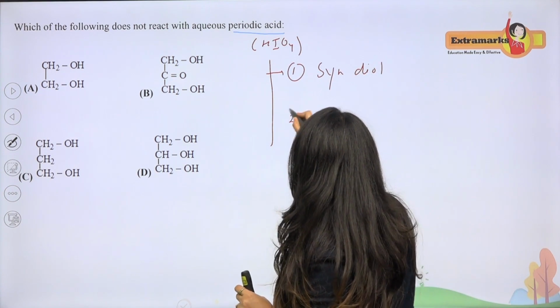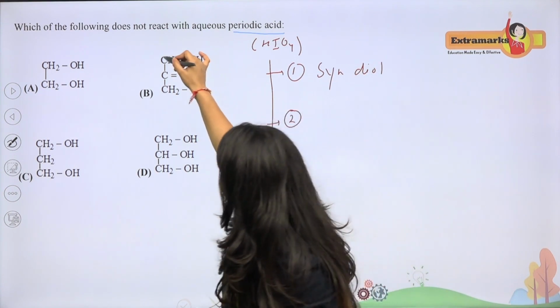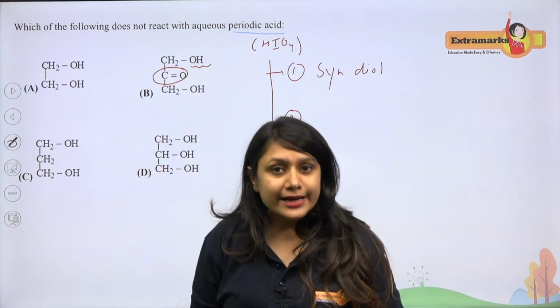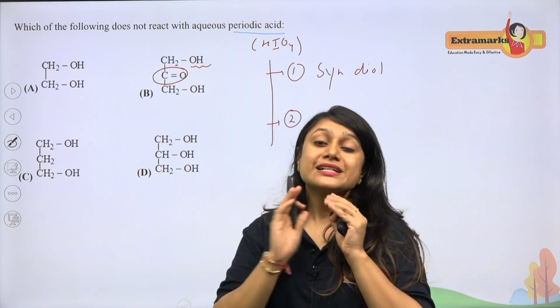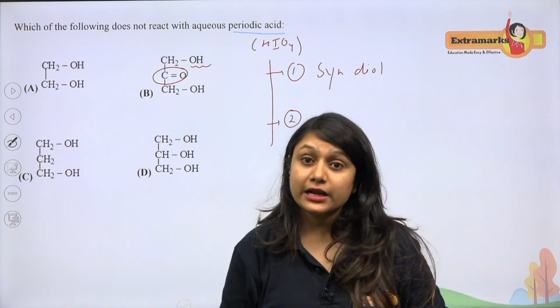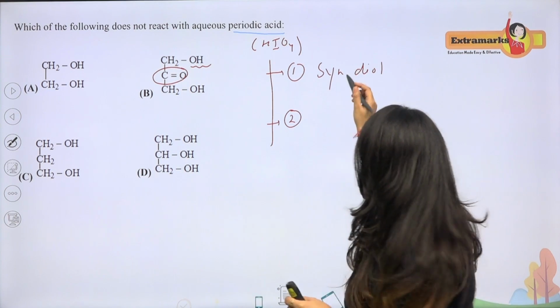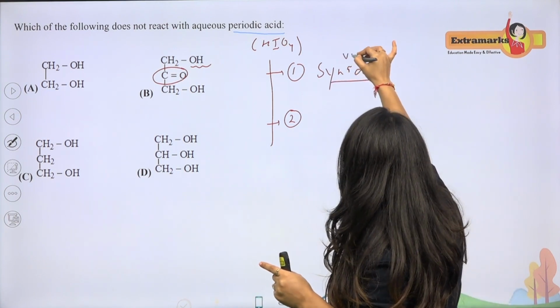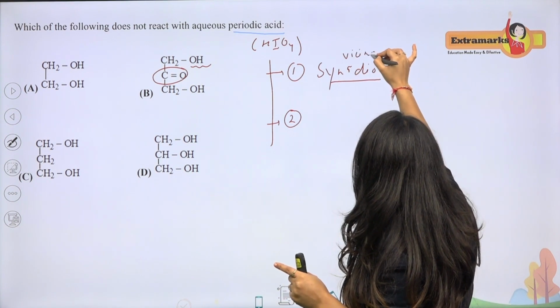Also, if after an alcohol there is a ketone or aldehyde group, then HIO4 can also give a reaction, oxidize, and break up those products. So it can react with syn vicinal diols, not only syn diols.